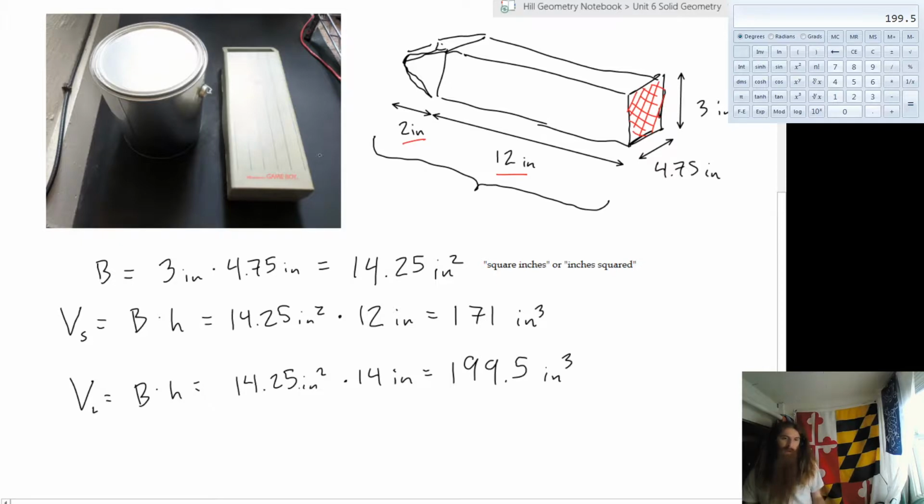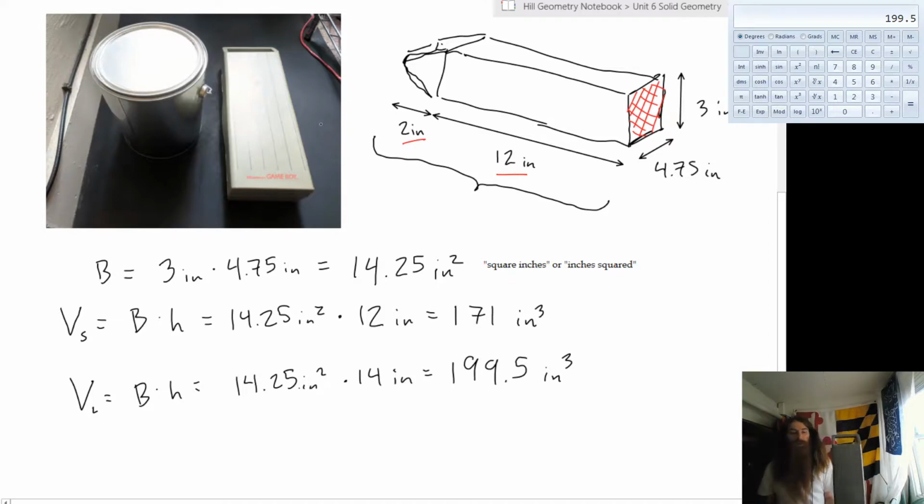I know the actual volume is somewhere in between, and now I need to use my judgment. Should it be closer to the upper bound, the lower bound? Based on this shape, this is mostly empty space, and the handle, in fact, is even triangular here, so it's not even filling the whole thing. This is going to be much closer to that smallest possible volume.